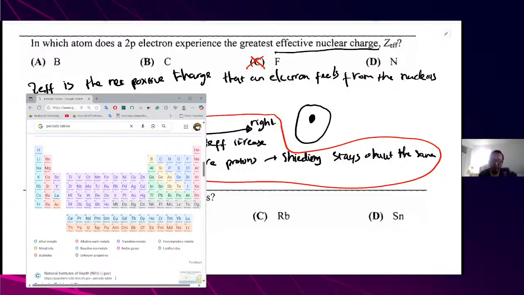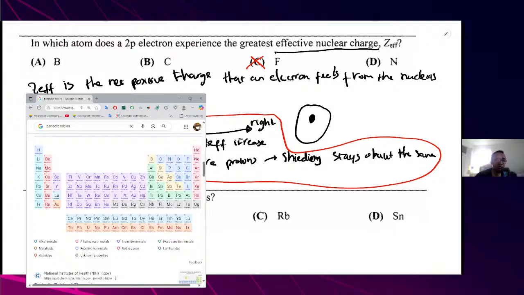This is the reason why ZEFF tends to increase left to right. So the answer is F: same shielding but more protons, or stronger ZEFF.